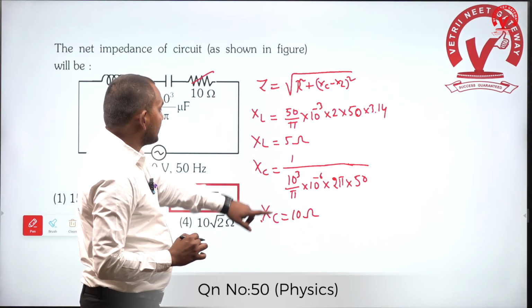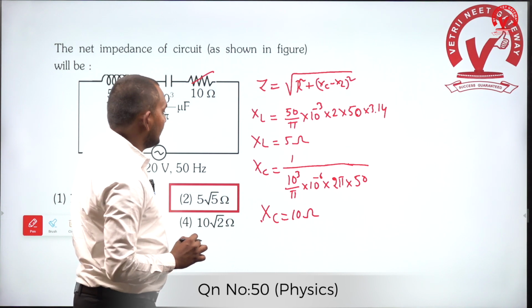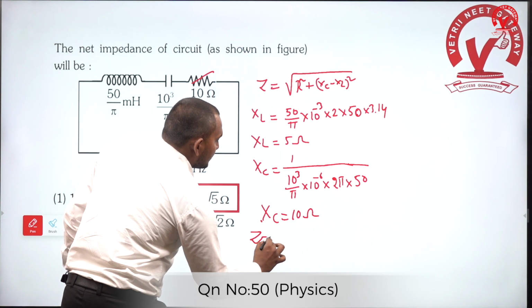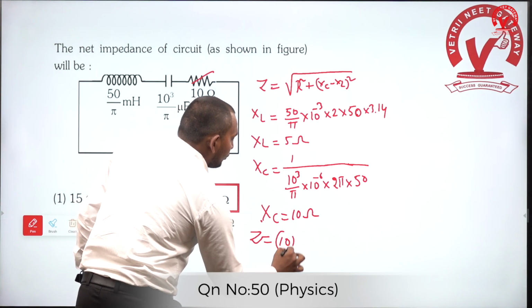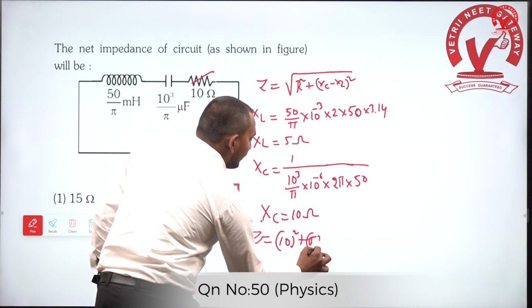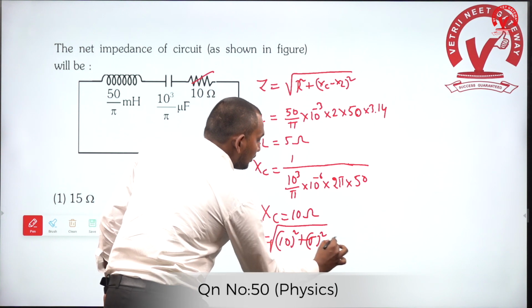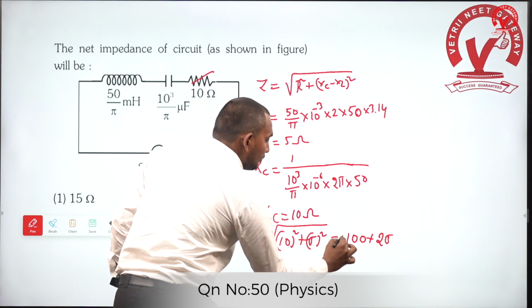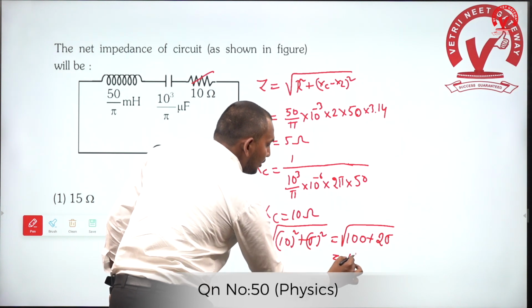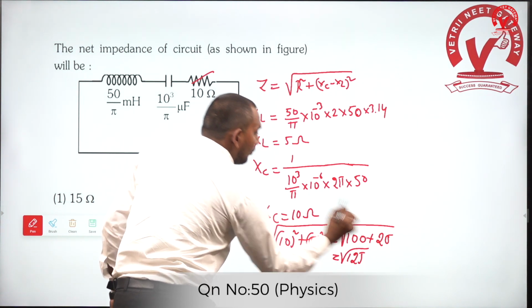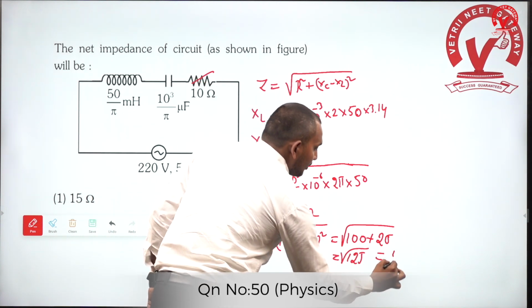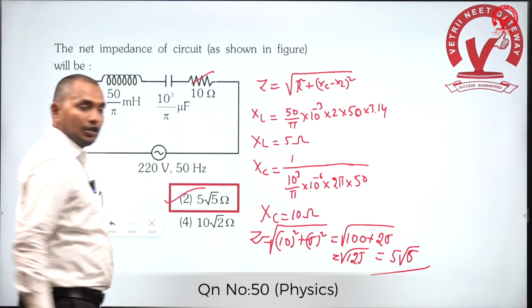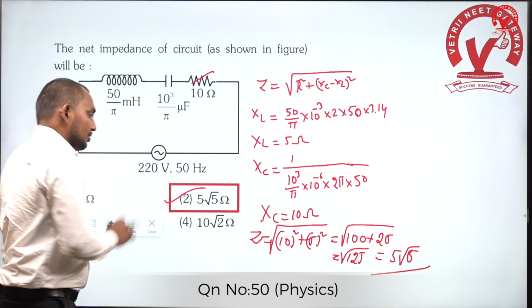So with XC and XL we get impedance Z equal to square root of 10 whole square plus 5 whole square, 100 plus 25, so we get 125. 125 root, how can we write? 5 root 5. Option 2 is the correct answer.